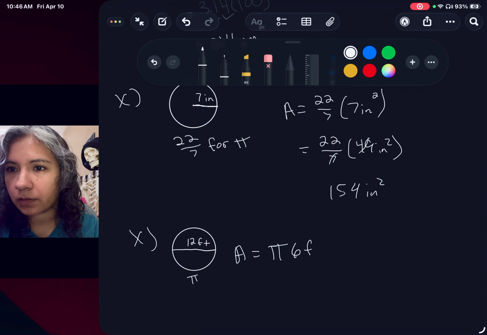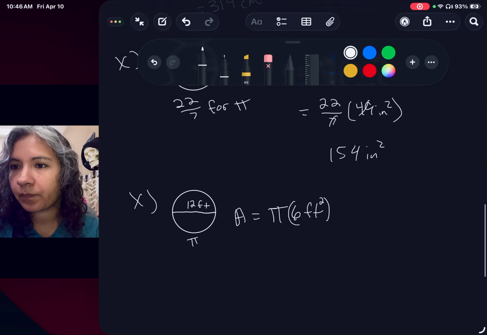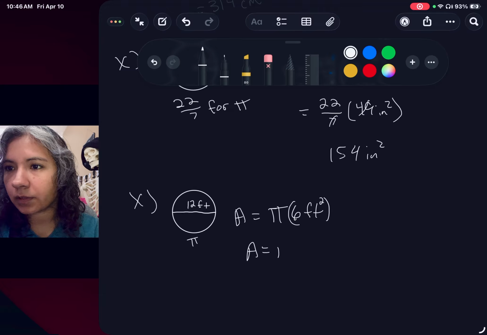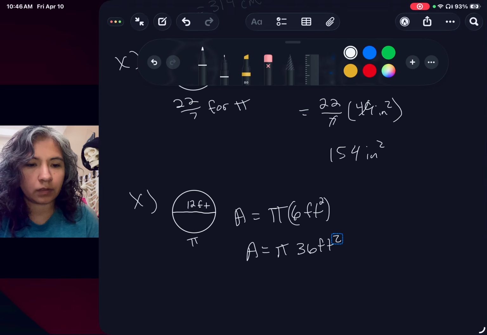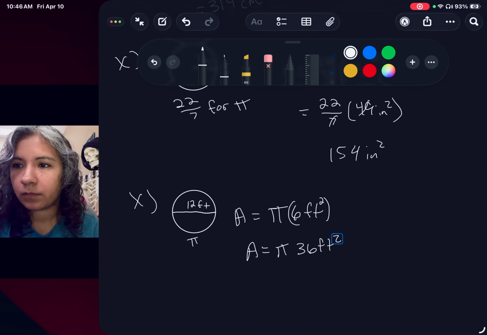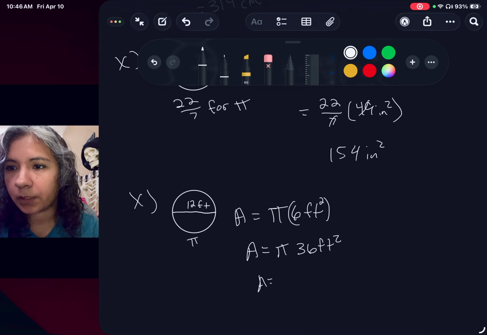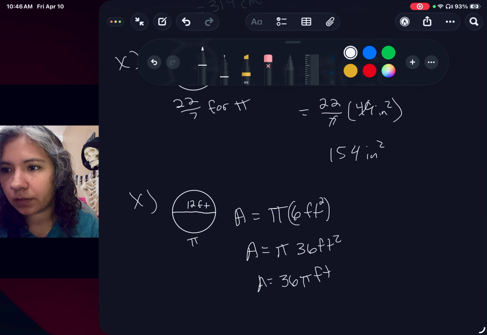So 6 feet. Oh, we want to square that. So area equals pi times 36 feet squared. Okay, so that is our answer. We are going to leave pi, but we write it this way, 36 pi feet squared.